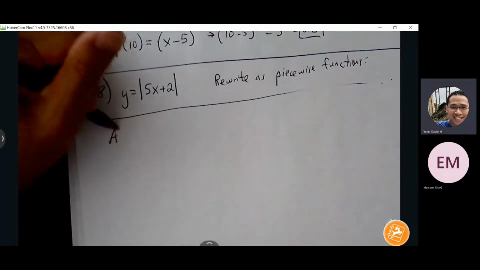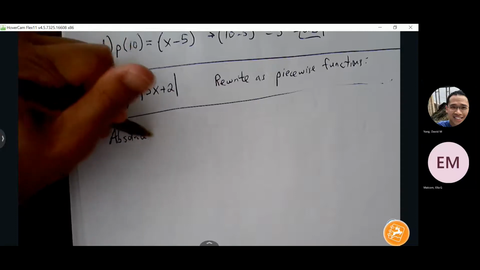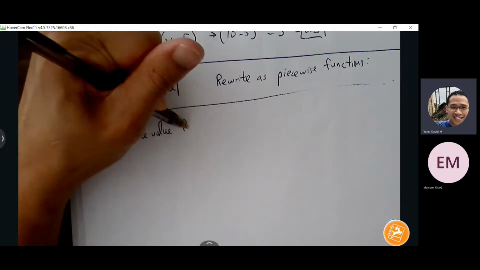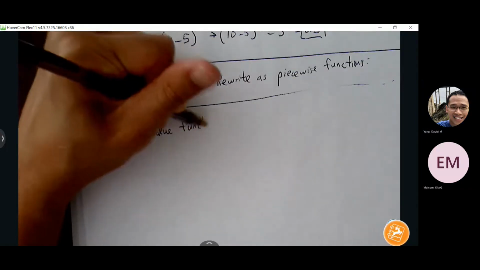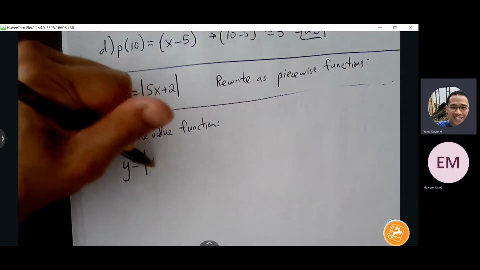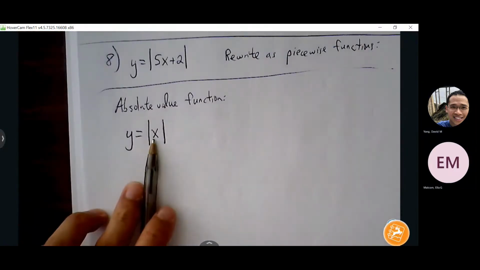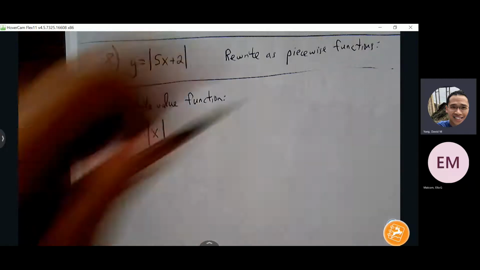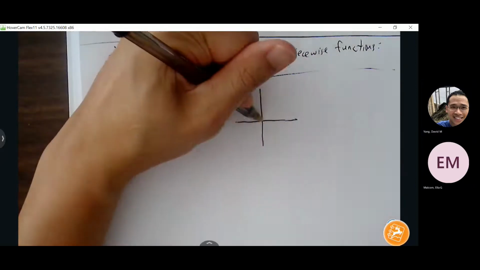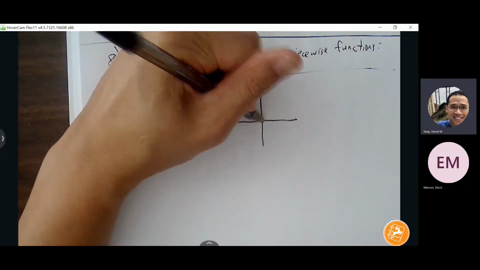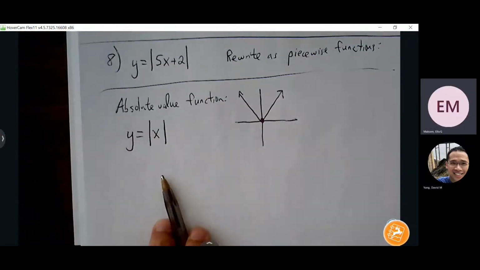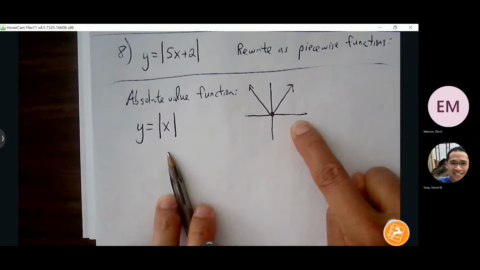Here's an absolute value function at its most basic form. This is a parent absolute value function, and y is equal to the absolute value of x. What this graph looks like is a V, and that V is centered at 0. Does that look familiar to you?